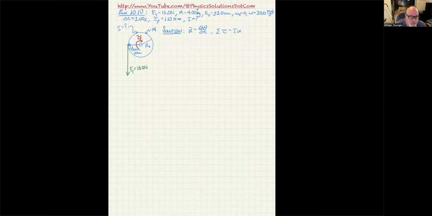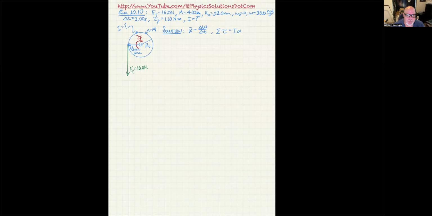So this should come up in a second, and I am referring to the problems in the textbook. As always, if you have your ebook open, that would be best case scenario for you so that you can follow along. But example 10.10, a heavy pulley. It says specifically a 15 Newton force is applied to a cord wrapped around a pulley of mass M equals 4.00 kilograms and radius R0 equals 33.0 centimeters.